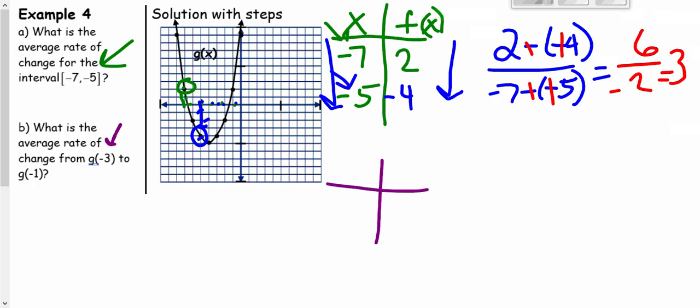These values here, -3 and -1, are they input or output values? They are input values. So I'm going to put them under the X column in my table. What do you get for an output with an input of -3? We're going to go over 3 spaces in the negative direction. 1, 2, 3. I go down. My output there is down 1, 2, 3, 4.